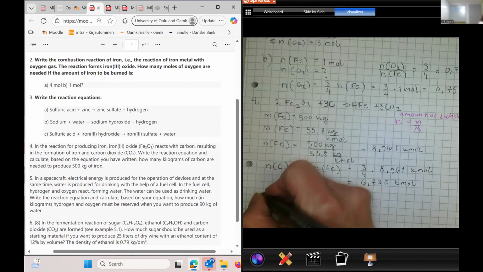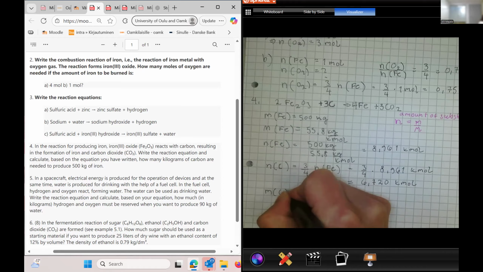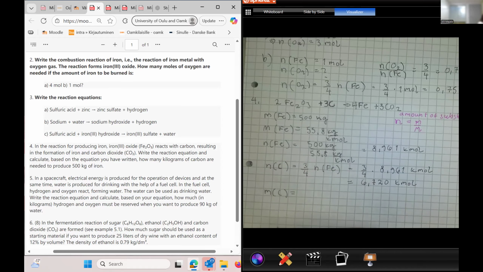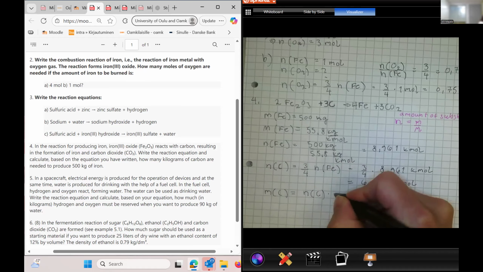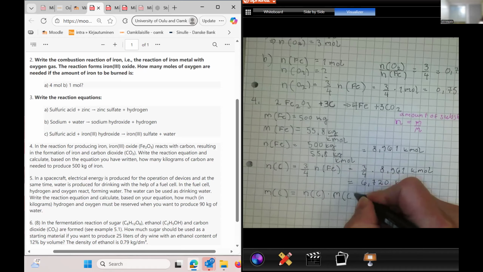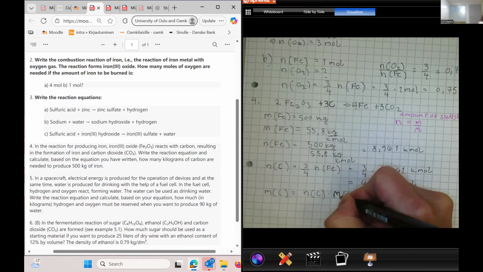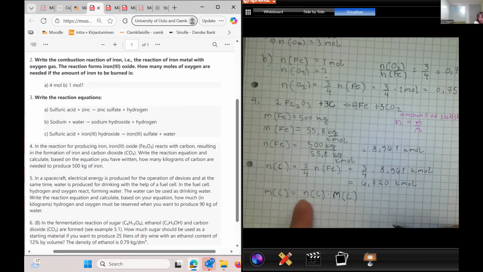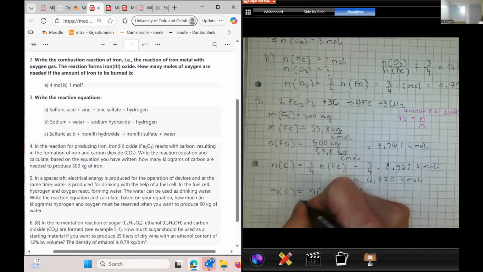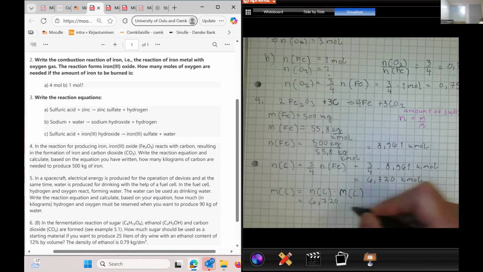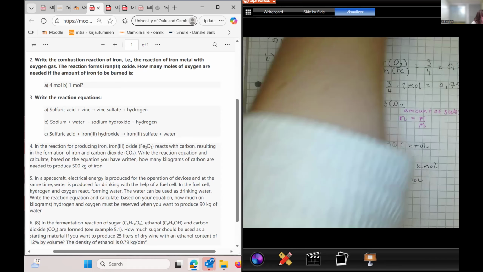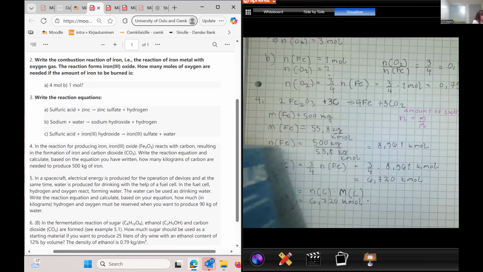So the mass of carbon, of course, is the moles times the molar mass. This is supposed to be the big M. Moles I know, 6.72 kilomoles.